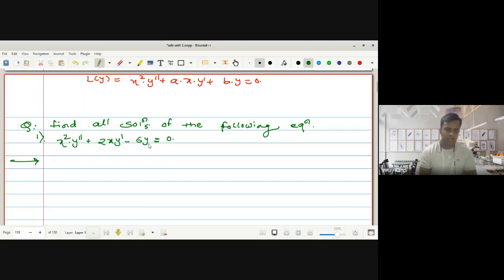Okay. Answer. Solution. Now, given differential equation is in the form of Euler's equation. Okay. X square into y double dash plus 2 into x into y dash minus 6y is equal to 0. Give it as an equation number 1.